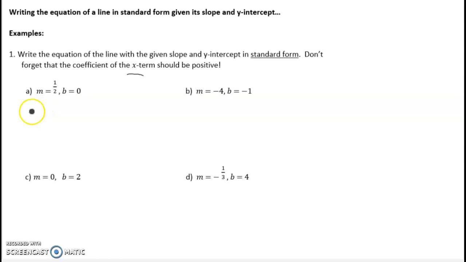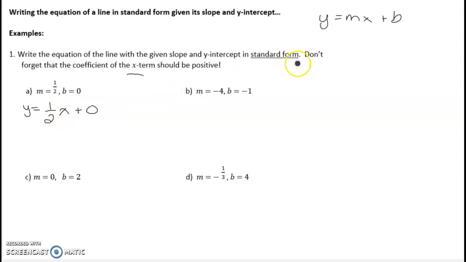So, let's get this started. So we know it's y equals mx plus b, right? So let me just give a reminder. Okay. So our m, we know is our slope is 1/2. So it's 1/2 x. And then our b is just plus 0. So from here, we have to put it into standard form.